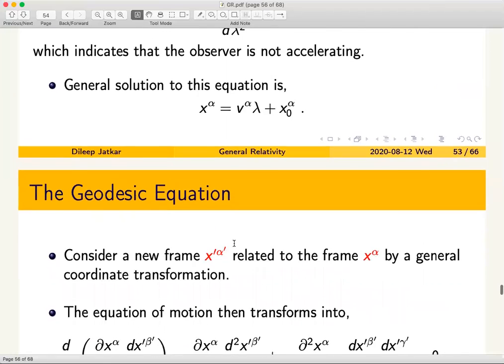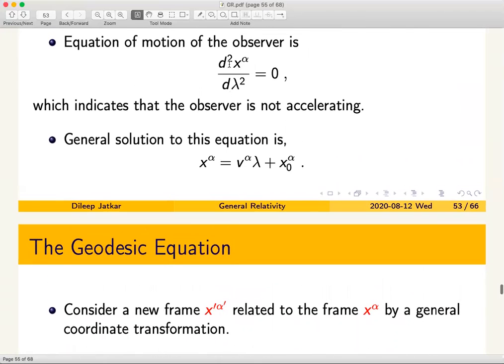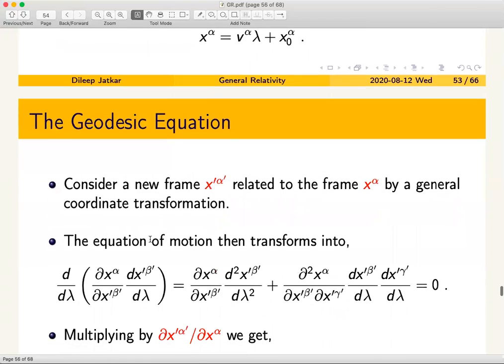This is a chain rule that we are imposing on the first derivative. So I'm taking one derivative outside and writing dx^α/dλ and using a chain rule there. Of course d/dλ I will have to act on this entire thing, but at least this is the chain rule that I have used.